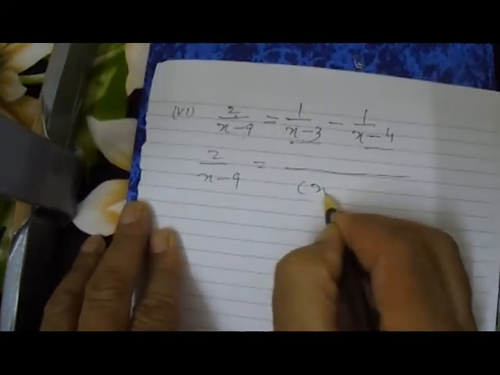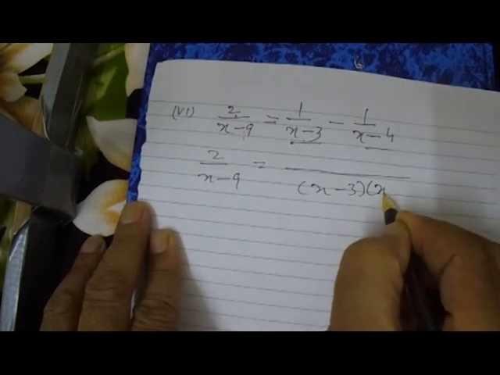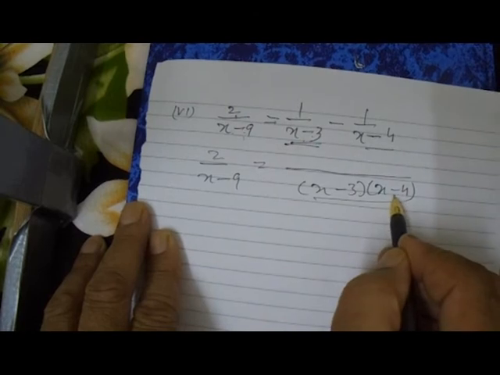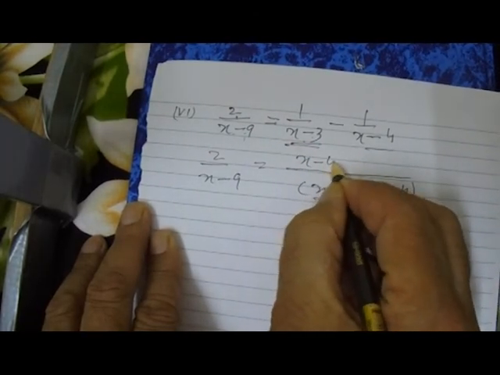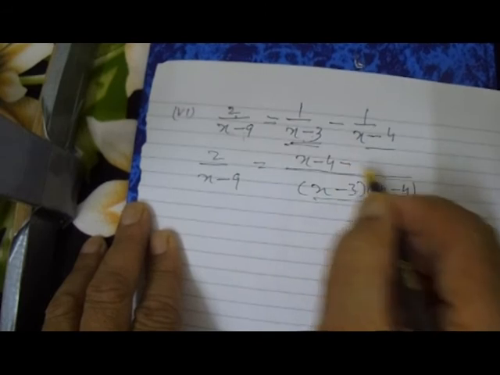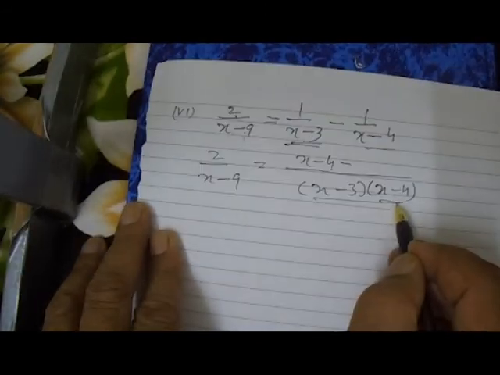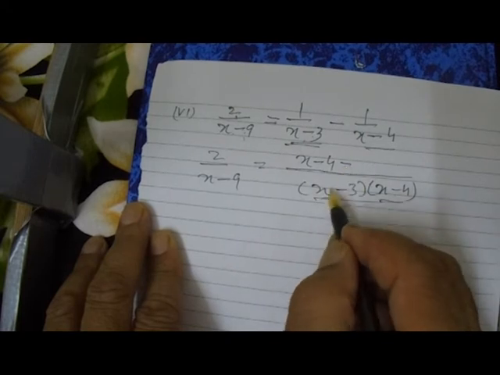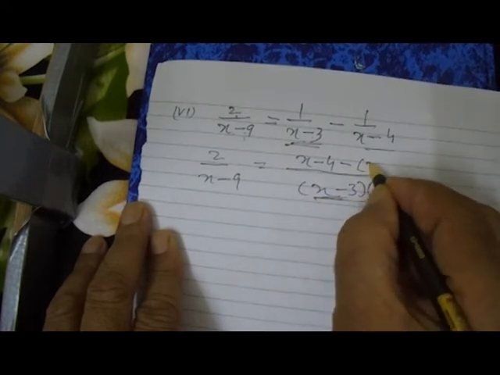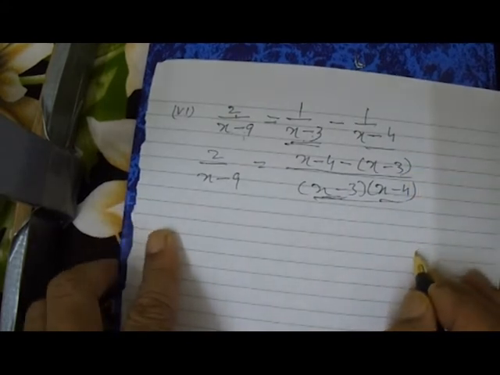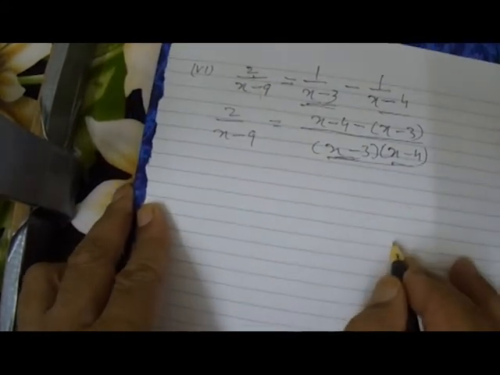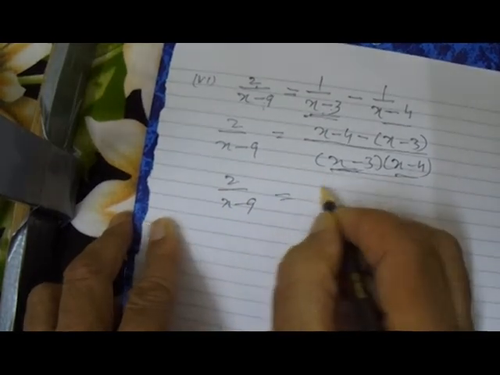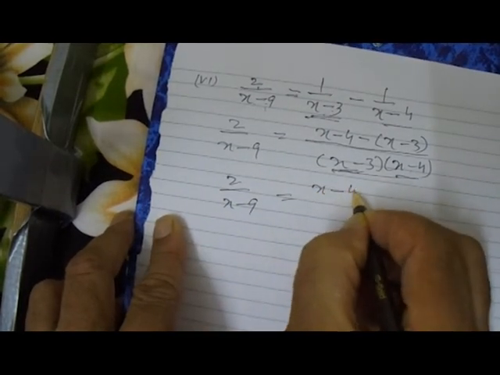Now x minus 3 multiplied by x minus 4, divided by this whole we get this. Right here x minus 4, again this minus right here, this divided by this we get this. Now it is a minus sign, so we write this in brackets, and x minus 3 here we write again this, add 2 over x minus 9 is equal to this x minus 4 minus x.